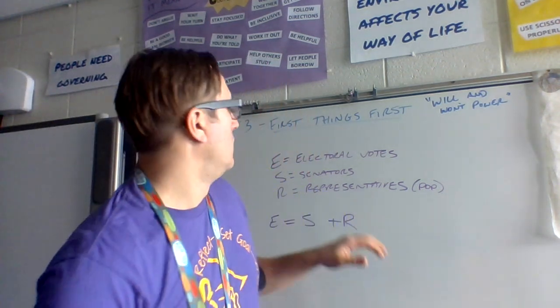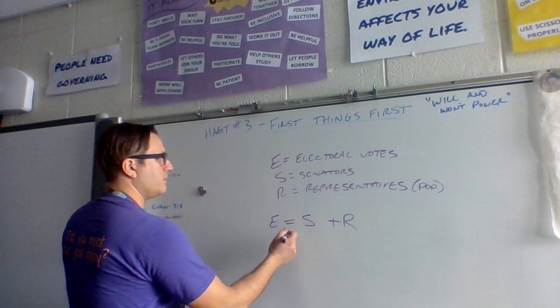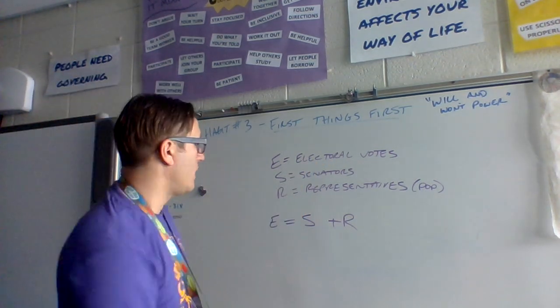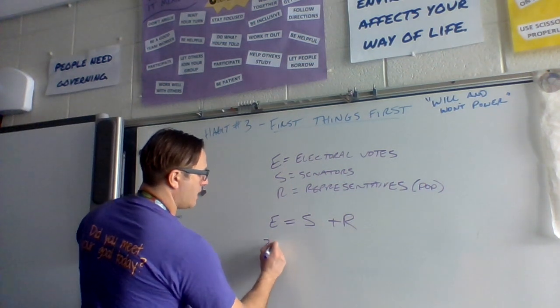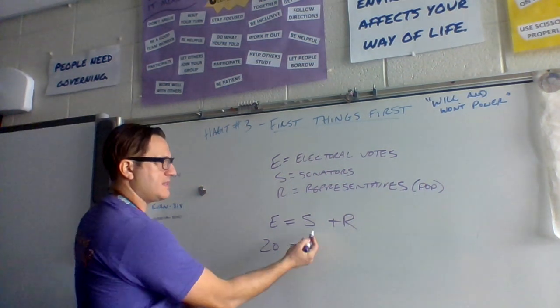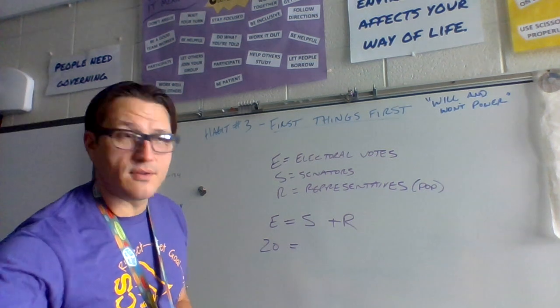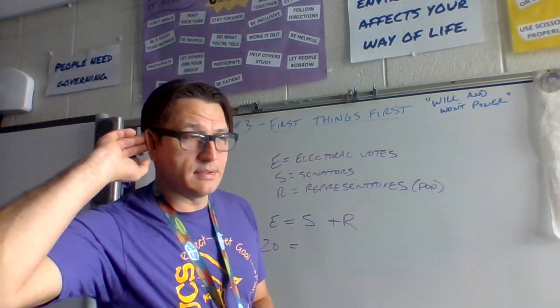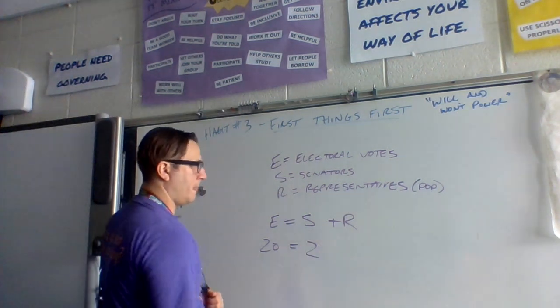Okay. So electoral votes. In this case, how many does Illinois have again? That's right, 20. So 20 equals, how many senators does Illinois have, just like every other state? How many? Louder, I'm hard of hearing. Okay, that's 2.